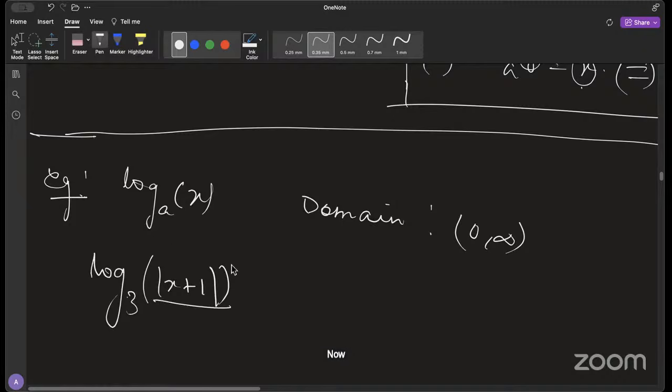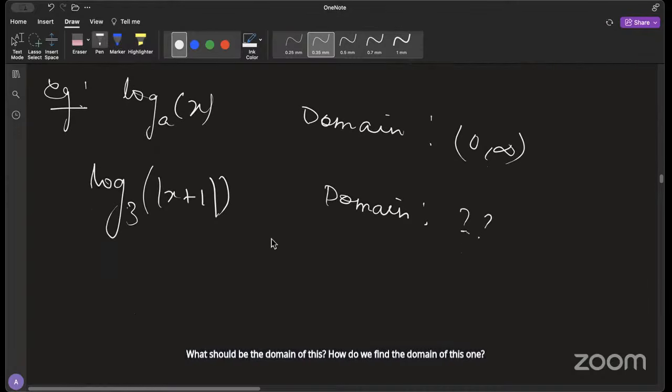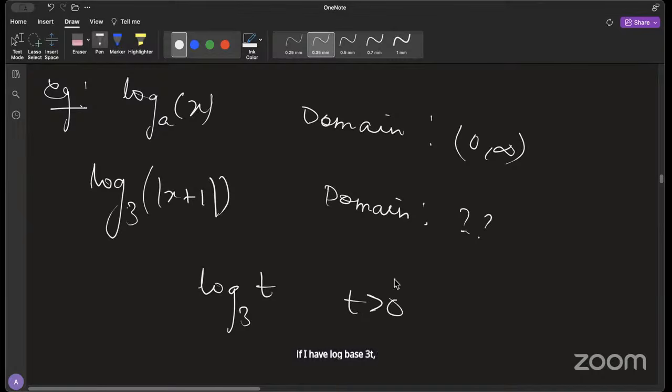Now this is my argument. That means my argument, instead of x, I have mod x plus 1. What should be the domain of this? How do we find the domain of this one? We already know whatever is in the log should be positive. If I have log base 3 of t, then t should be greater than 0.